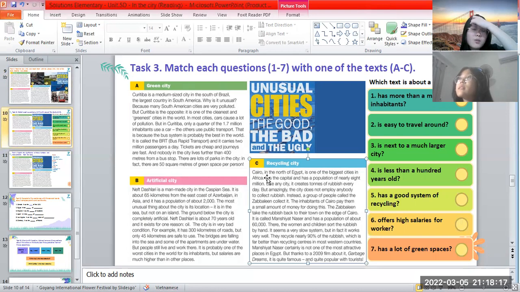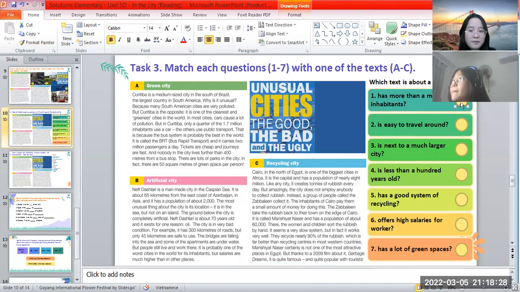So you're going to answer the question: which text is about a city which has more than 1 million inhabitants? Okay, you can start doing now.